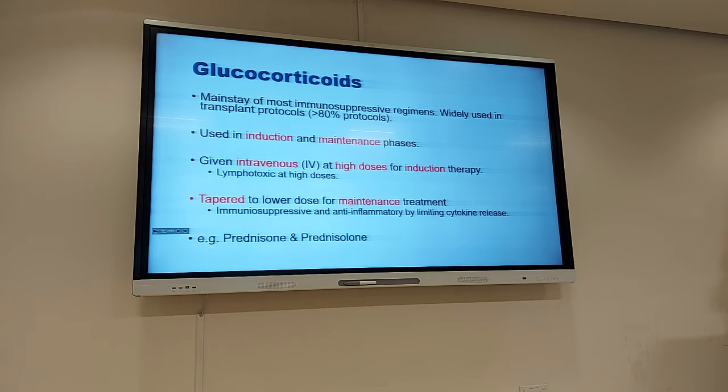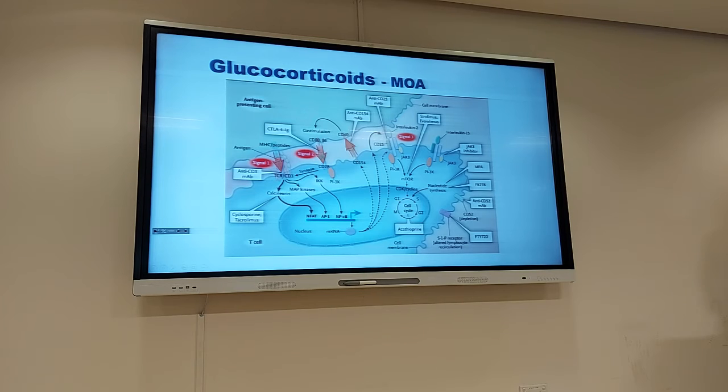When we taper the dose for maintenance, we use low doses, so they have more anti-inflammatory and immunosuppressive activities because they limit cytokine release. Examples are prednisone and prednisolone.